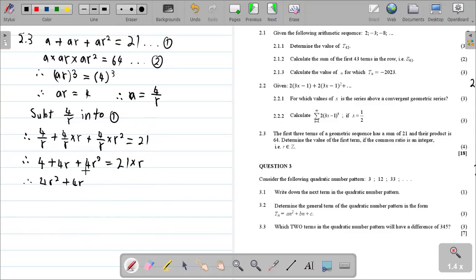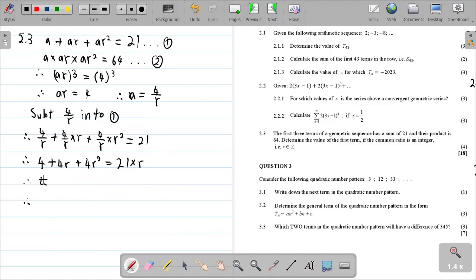So it means that it's going to be 4 plus 4R plus 4R squared, and then minus 21R equals to 0. So therefore, wait, what's it going to be? Sorry about that.